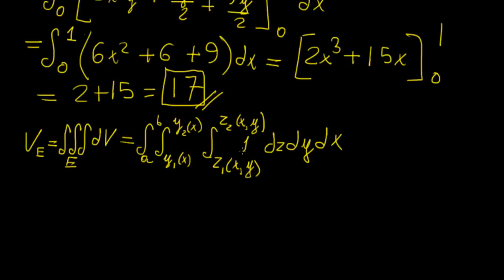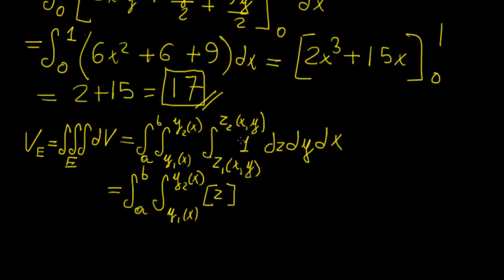So because there is just a 1 here, we know that we can easily integrate this with respect to z, so that's going to give us the following: a to b, y1(x) to y2(x). So this is going to be z evaluated on these two limits, so z2 minus z1, dy dx.